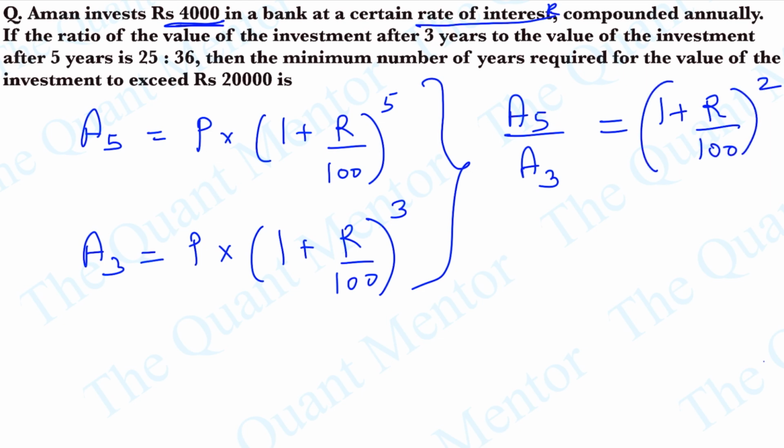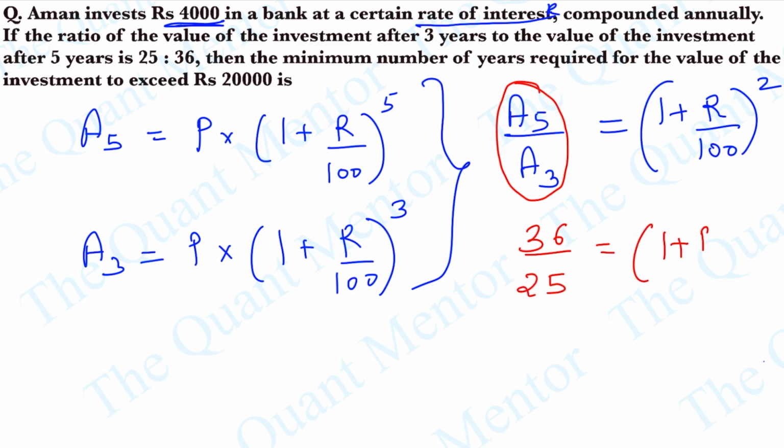The question gives us the value of A5 upon A3. The amount after 5 years upon the amount after 3 years would be 36 upon 25 as per the question. So now the right hand side, 1 plus R by 100, the whole raised to 2, is actually 36 by 25. We'll take square roots on both sides.